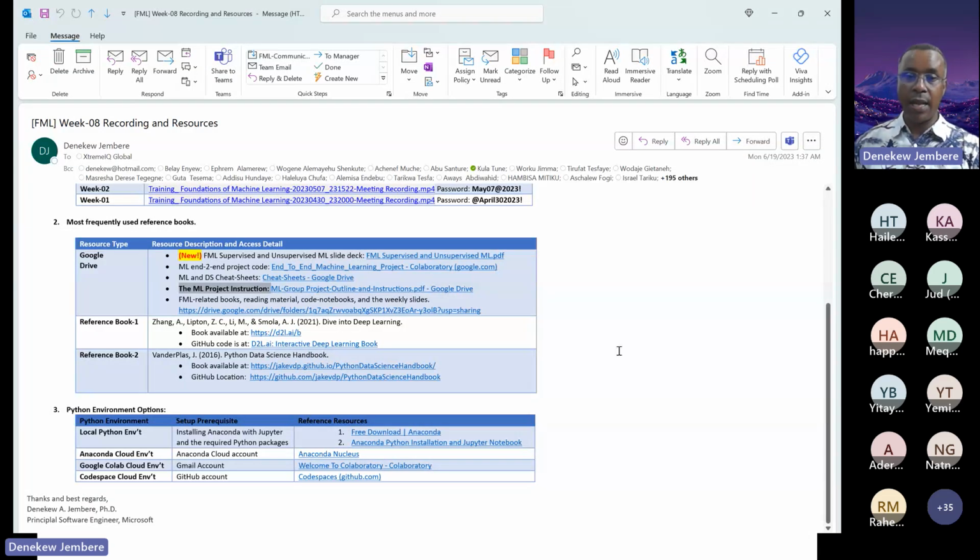I was composing an email. Next week is not going to be the end of the class. Instead, we will be extending because of the new expectations at universities. I know that most of the universities right now are on a graduation schedule, and also have the exit exam at different universities.